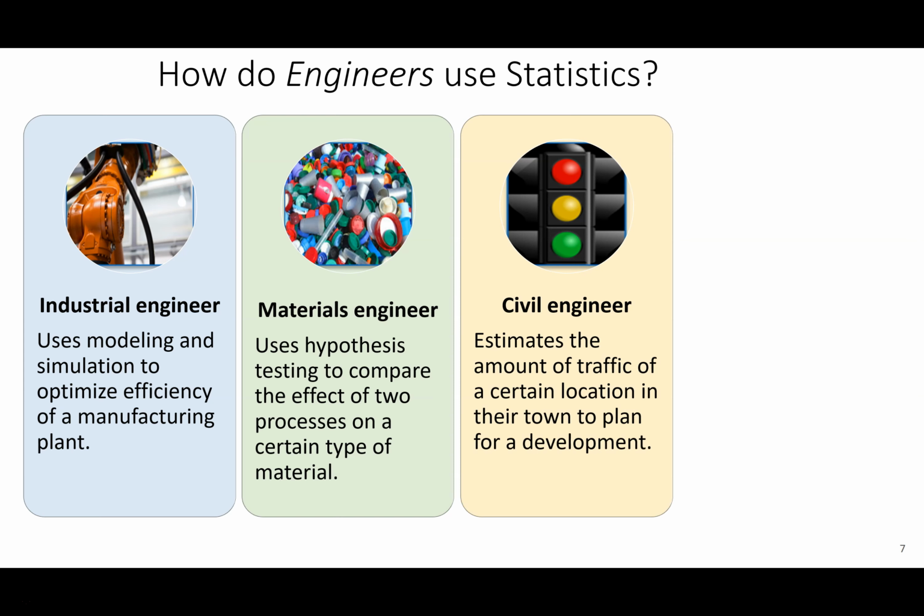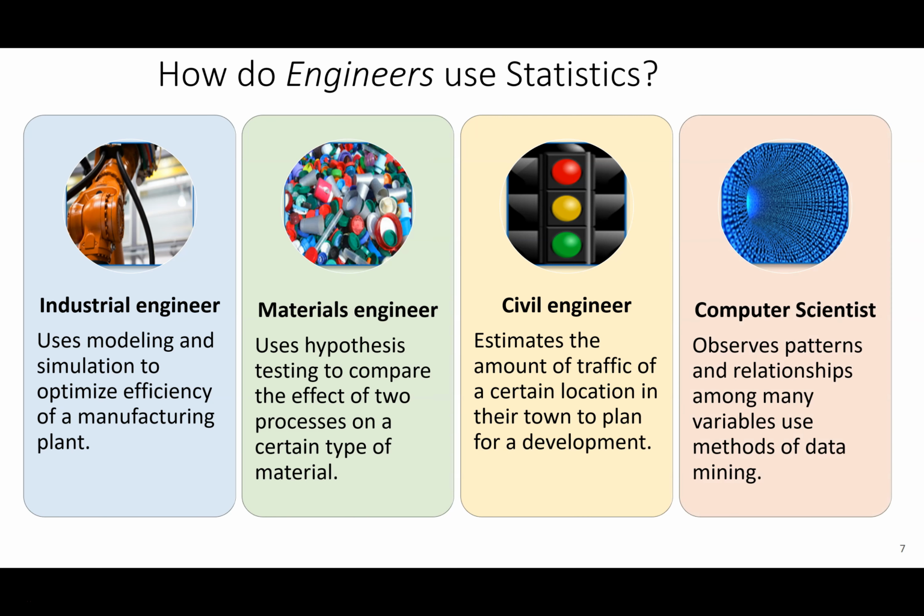Civil engineers might want to estimate the amount of traffic on a street or a bridge, all sorts of things to help them determine development. Computer scientists, they observe patterns and relationships among many variables, and they definitely use it a lot in data mining.